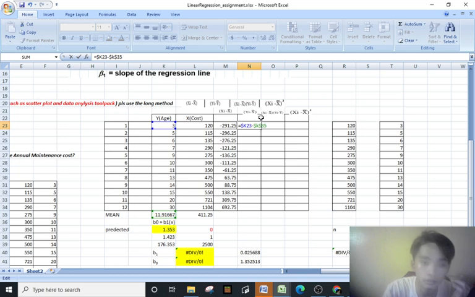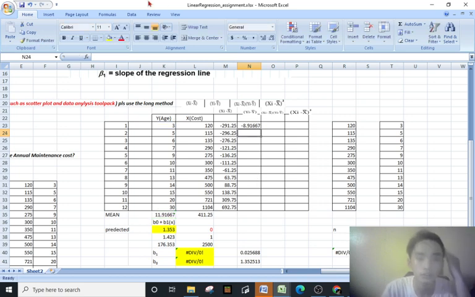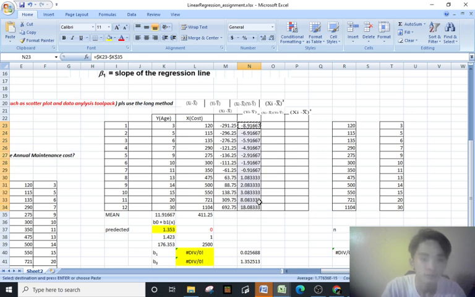Click enter. It gets negative 8.91667. Copy for the rest, and it automatically fills.